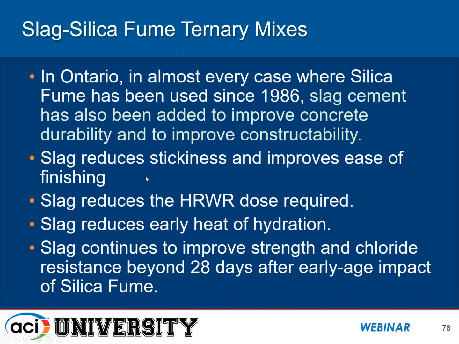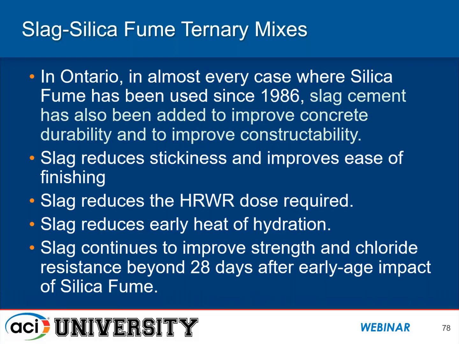But putting the slag in with the silica fume, using 6 or 7% silica fume and about 25 to 35% slag, took away that stickiness, improved the flowability of the concrete, and made the finishing easier. A lot of the stickiness was coming from the high doses of high-range water reducer, and the slag helped reduce the required dose, which again helped reduce the stickiness.